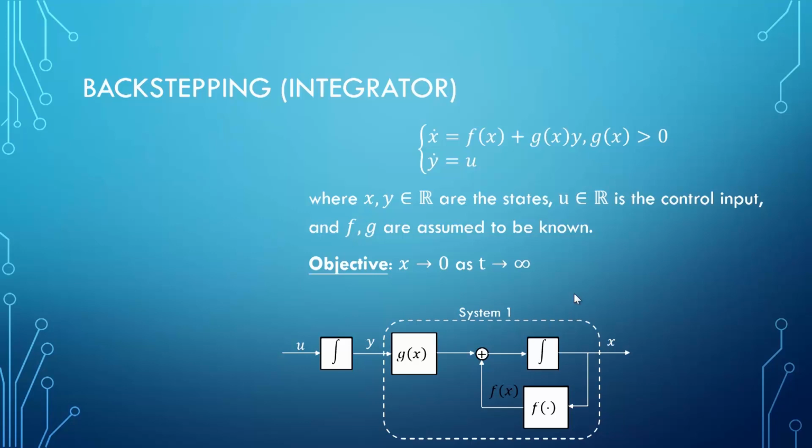We mentioned the backstepping system, right? The design procedure, for example, in this system, we have two subsystems.